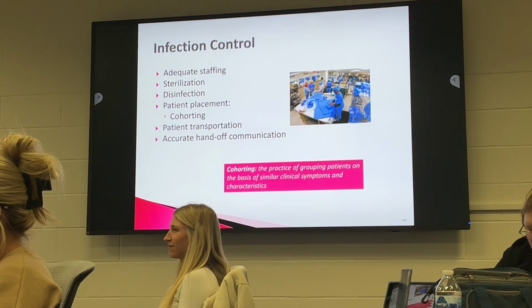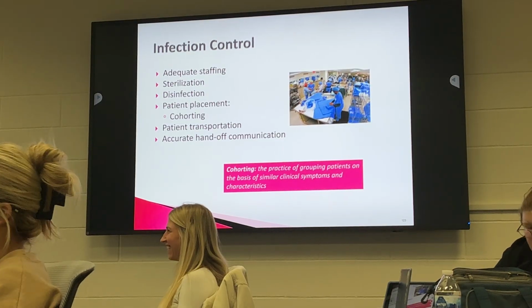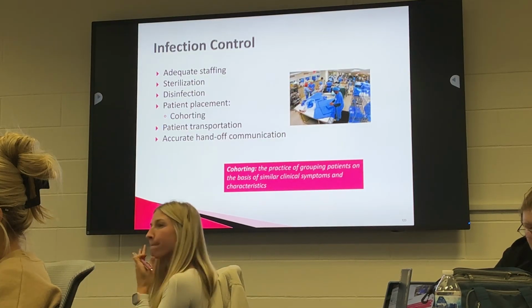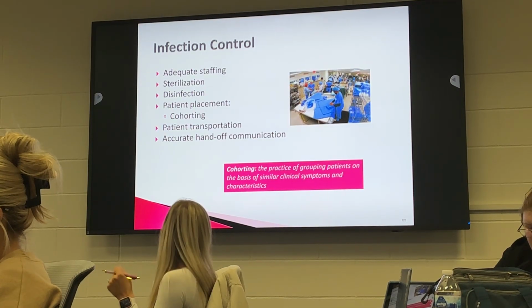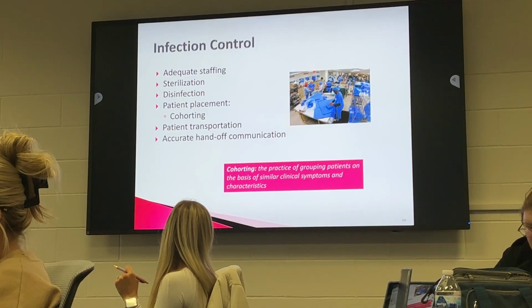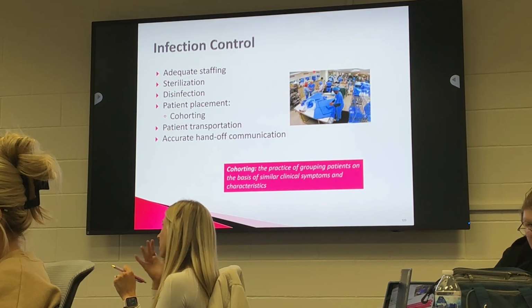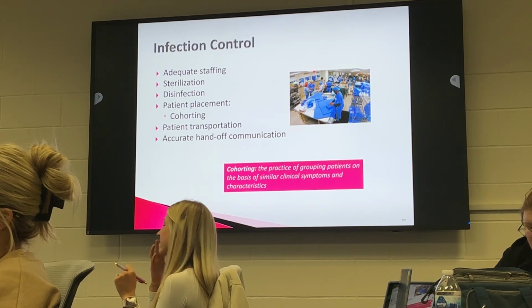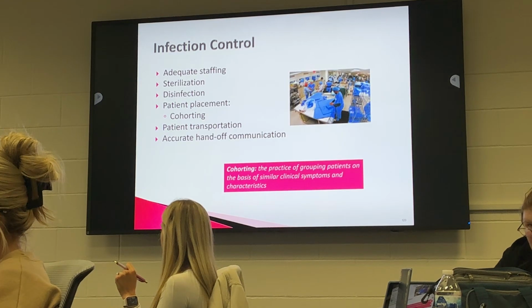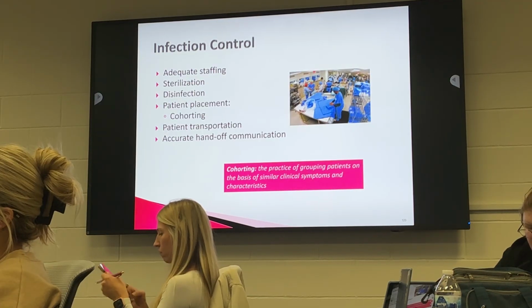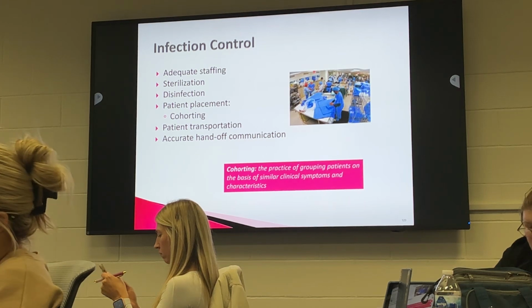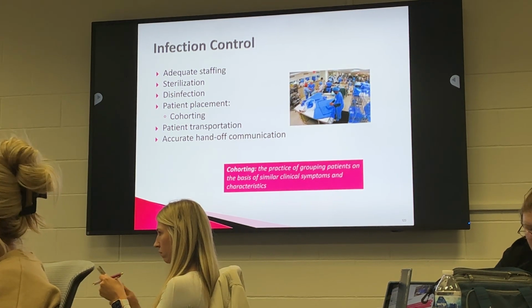If you hear that word cohorting, that means putting patients together that have similar circumstances. As we talked about the patient with neutropenia, you would never group that patient with another patient, period. So cohorting means if you are the nurse manager today and you're trying to figure out patients you have to put in combined rooms, think through whether they have anything that might be infectious that you will not put them in a room with someone else.